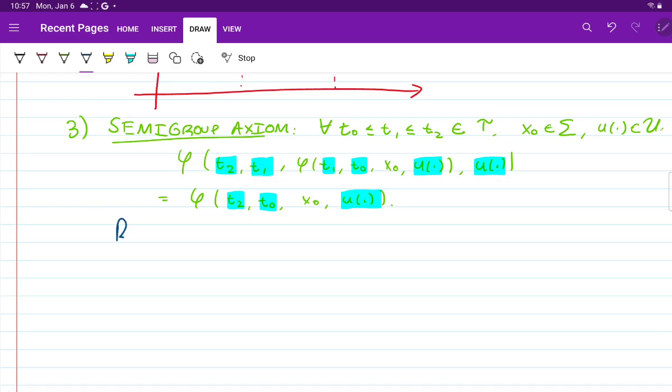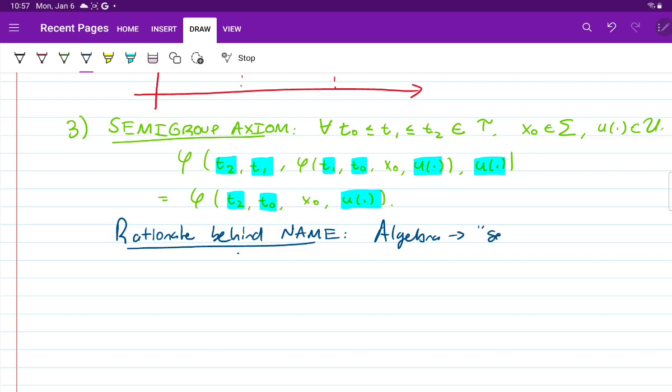So I mentioned I would talk about the rationale behind the name. This comes from some connections to algebra, right? So if you're interested, you can read about semigroups and semigroup actions.